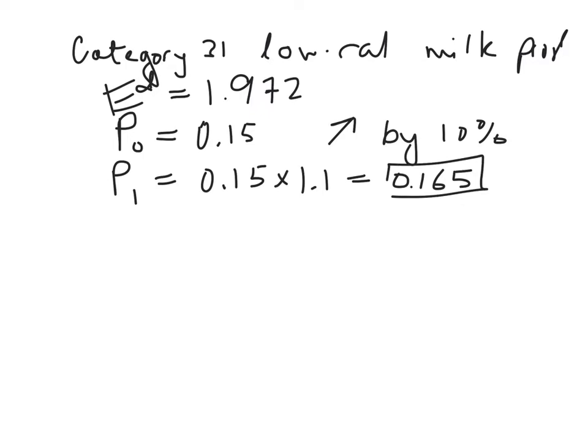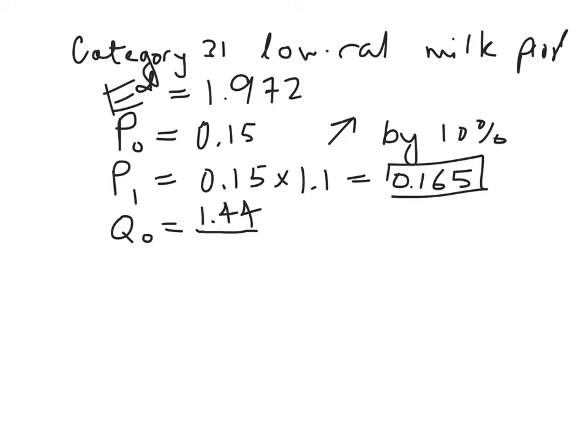Now, finding out the original quantity is just slightly tricky. They don't give us quantity in the table, but they do give us the total expenditure out of, I think, 100 is the normalized basket, but $1.44 of that $100, if I'm remembering correctly, was spent on low-calorie milk products.